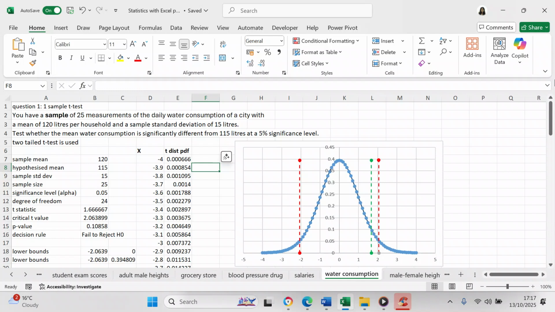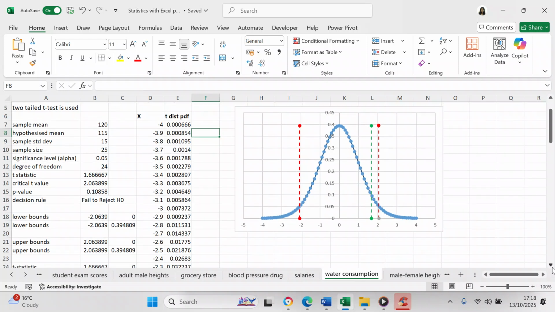If the T statistic was outside of the critical T value, then the null hypothesis would be rejected. But because the T statistic is between the two critical T values, that means the null hypothesis is accepted, or you fail to reject the null hypothesis. So that's how you solve this question.